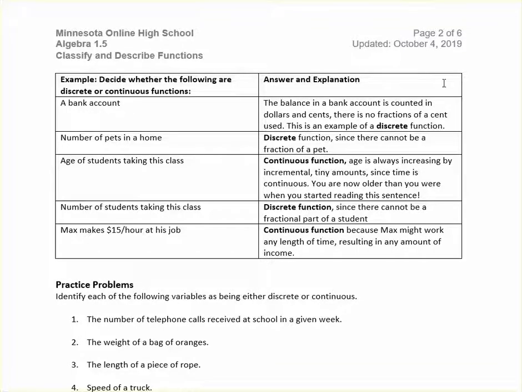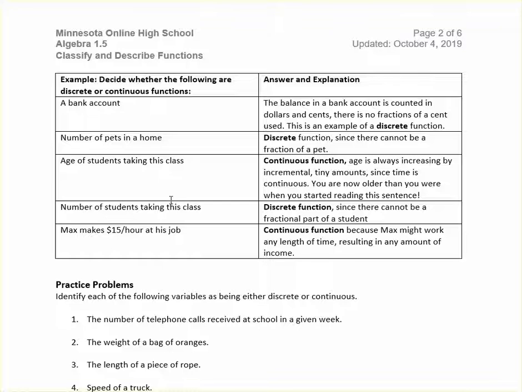You would connect those points with a smooth curve, because there are going to be somebody who is 17 years and 3 months and 1 day and 2 minutes and 7 seconds. You can get incrementally smaller amounts of time to represent that. You're always continuously aging, unfortunately.